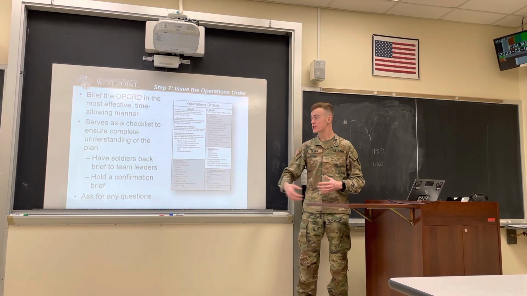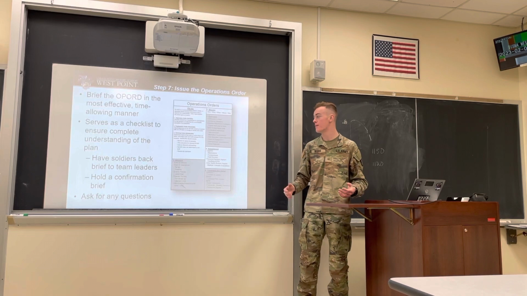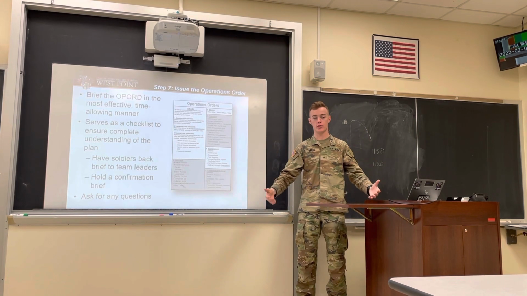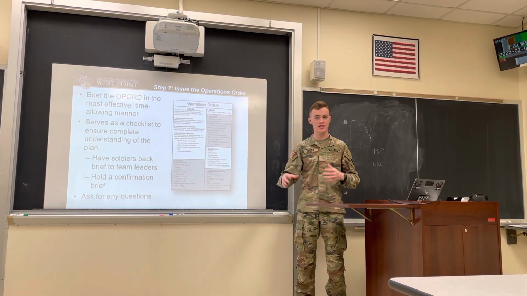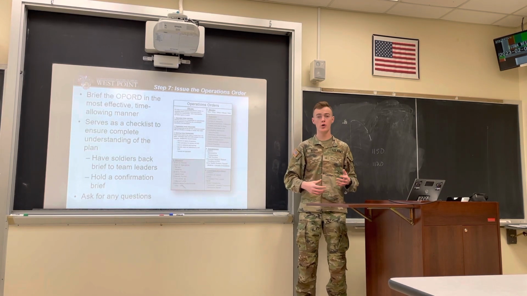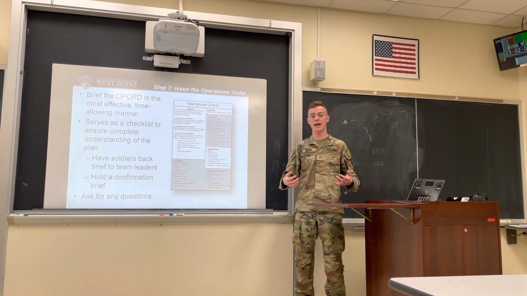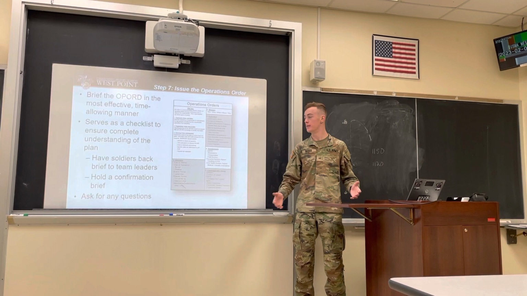The op ord is going to serve as a checklist for subordinate leaders to ensure complete understanding of the plan, and they're going to make sure that they have their lower soldiers understand the plan. You can use varying methods for back briefing, including asking soldiers to back brief you, or you can do a confirmation brief. You really want to make sure that soldiers are comfortable asking any questions they have. When you're all on the same page, the mission will go better.